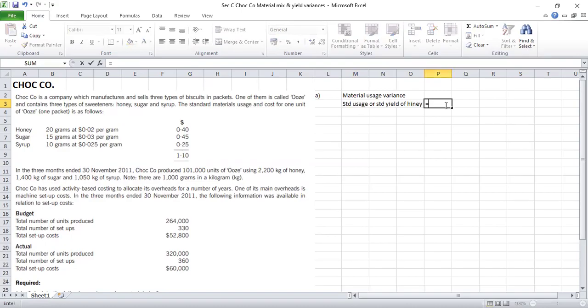So it is equal to what? We have 20 grams, 20 divided by 1000 into 1,000 units.